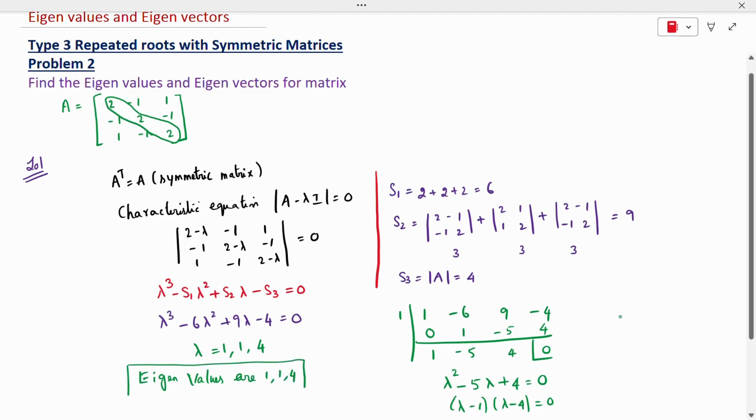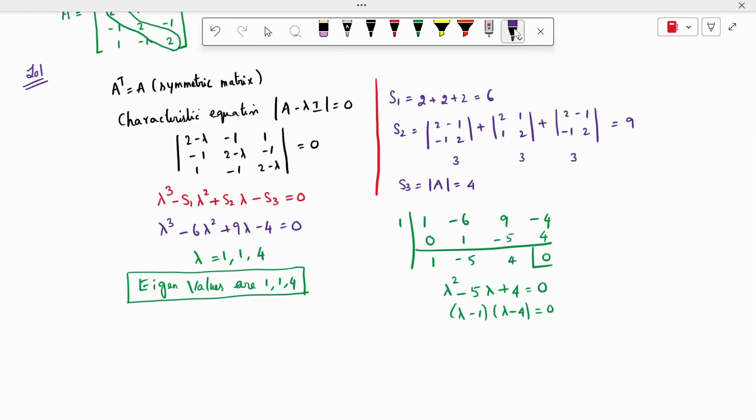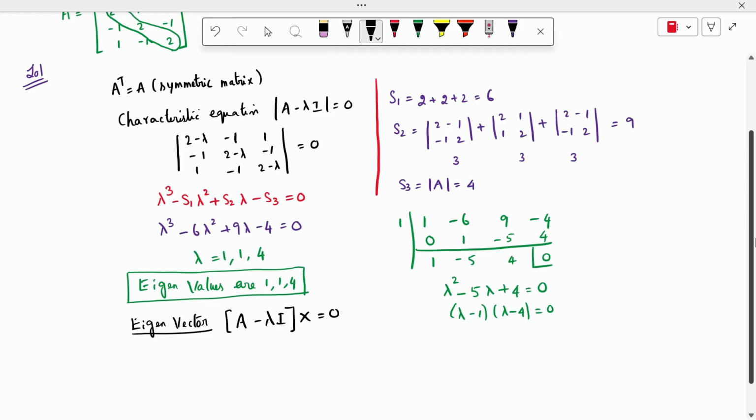Next step, what do you have to do? For the non-repeated eigenvalue 4, first find the eigenvector. For that, we write it in the format of eigenvector: A minus lambda I into x equal to 0.